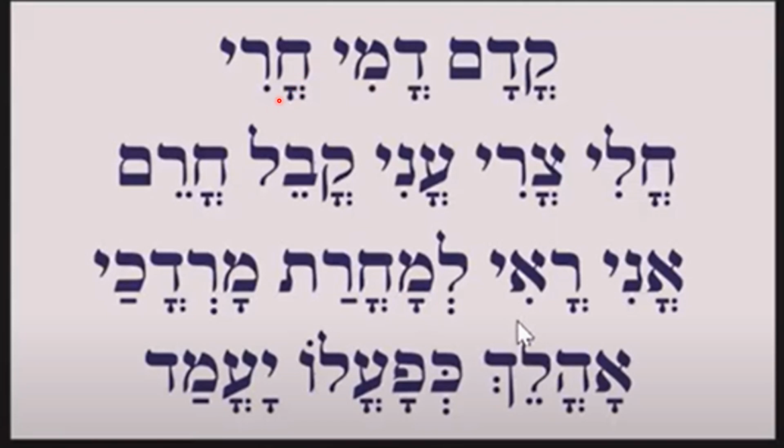So this is chori, choli, tsori, oni, kovel, chorem, oni, roi.